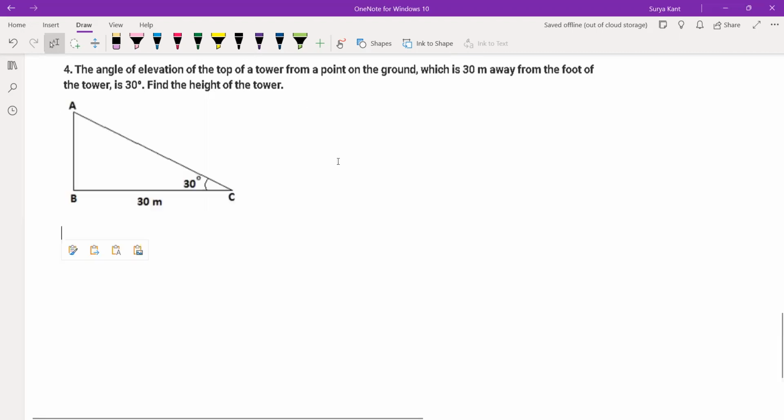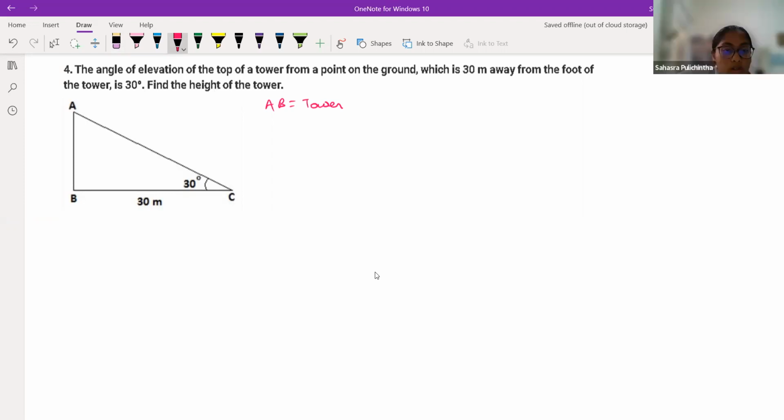So this is the diagram. Okay. So your tower is AB. AB is the tower. And then it's easy now. We have to find AB. Sahasra, what to do over here? Which one, sine, cos, tan, should we consider? We can take cos, A by H. This is opposite, so it's tan.